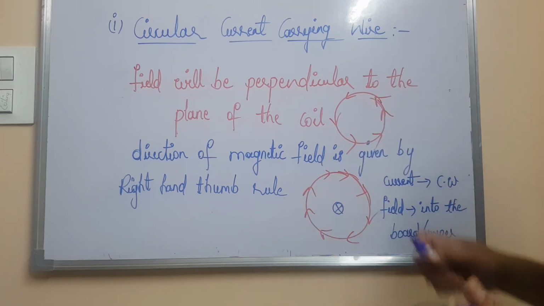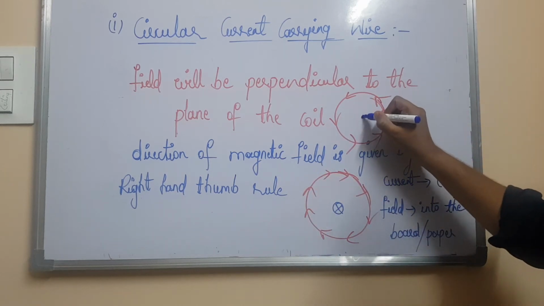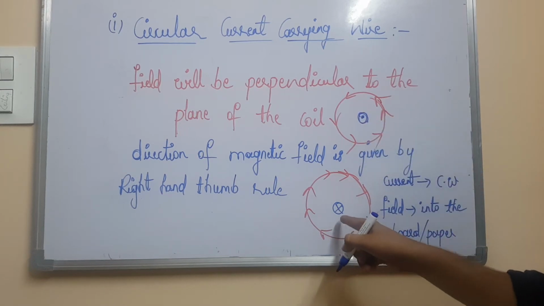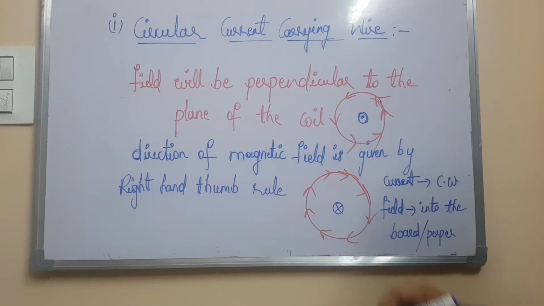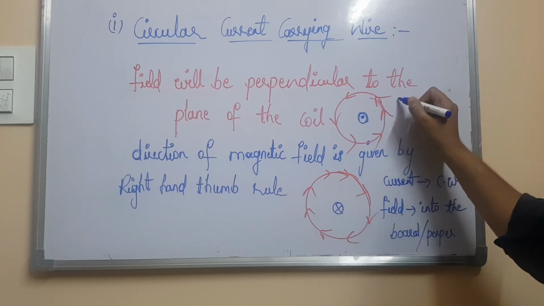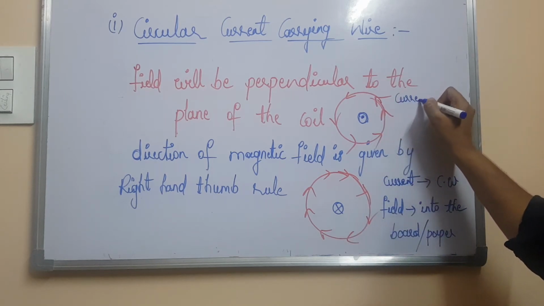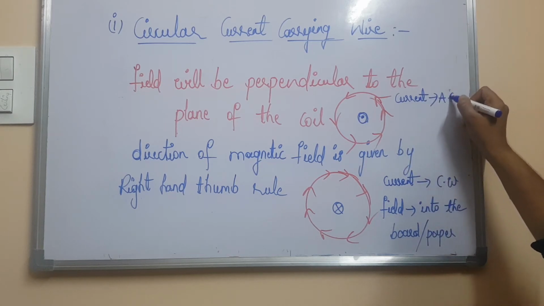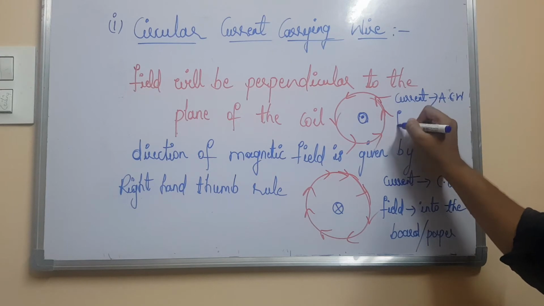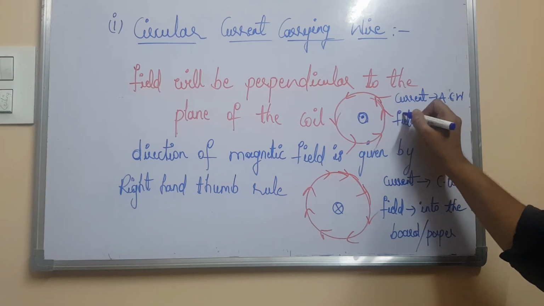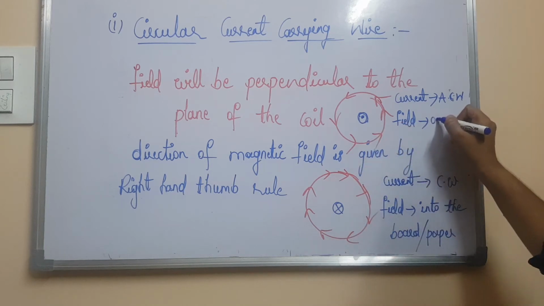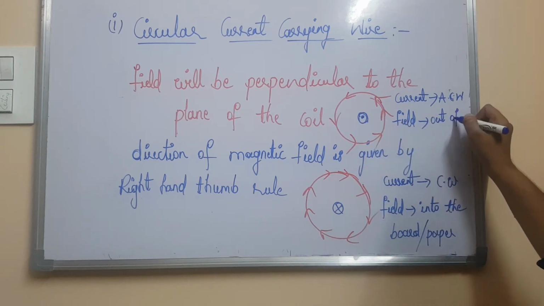Outside we will represent with a dot. Inside we will represent with a cross. So here current is anti-clockwise, whereas magnetic field is outside the board, out of the board or paper.